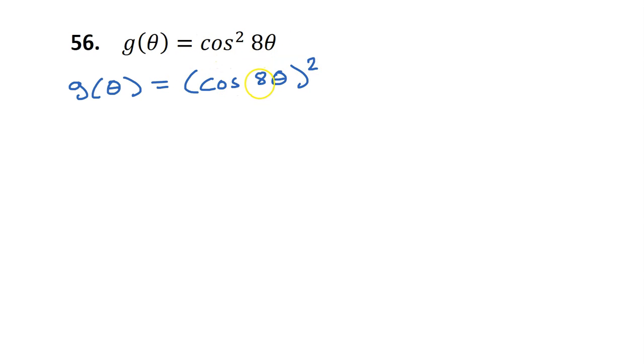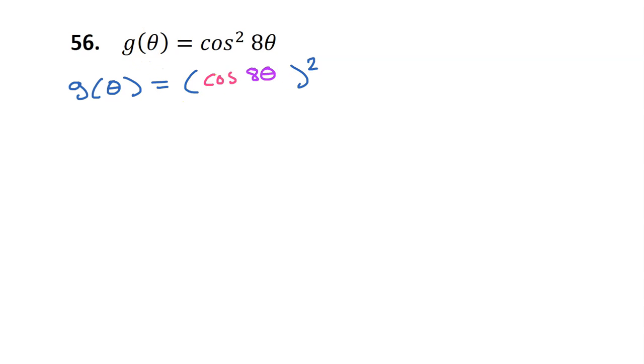So first of all, that's what that means. Now here come the colors. This squared business is the outer function, and then the next layer in is the cosine, but then inside of the cosine we have that 8 theta.